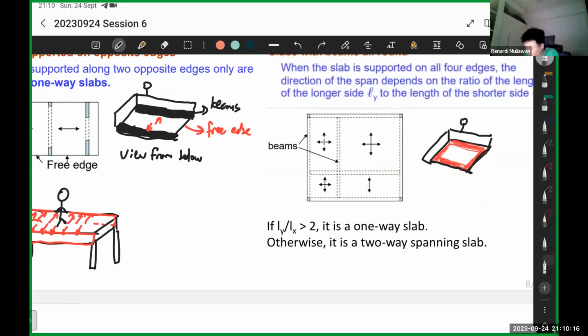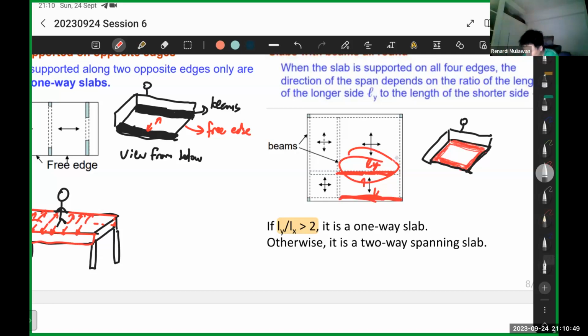So how do you differentiate it? It's by the ratio of the lengths. If the slab is very slender, very long, like this slab right here, it's one-way spanning. So this is L1, this is Lx. By intuition, the load will be distributed between these two beams because the aspect ratio is very long.